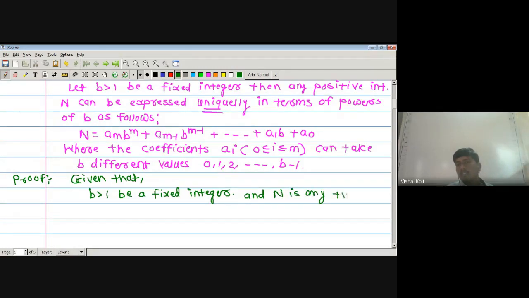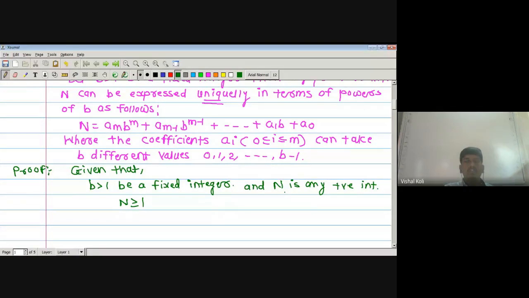Now as b is fixed and n is any positive integer, therefore n must be greater or equal to b, since for each value of b we can choose the n. As b is fixed, obviously n is a positive integer, which implies n must be greater or equal to b.